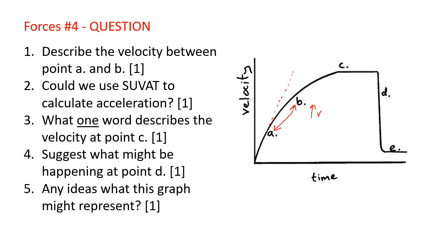So acceleration is positive, but it's slowing down in its rate. So acceleration is reducing. Okay, so there's quite a lot going on there. We know velocity is going up because we were there on velocity and we've gone up. So it's getting faster, but the rate at which it's getting faster is reducing, but it's still going faster.